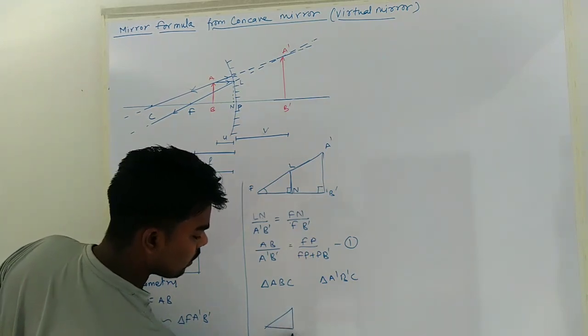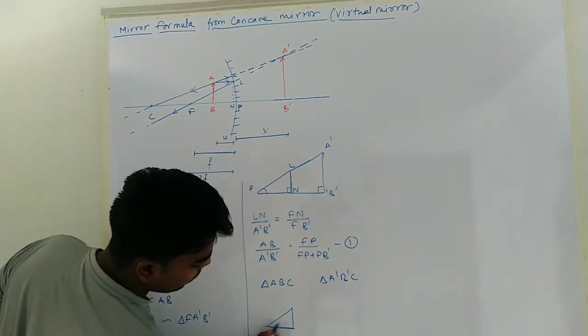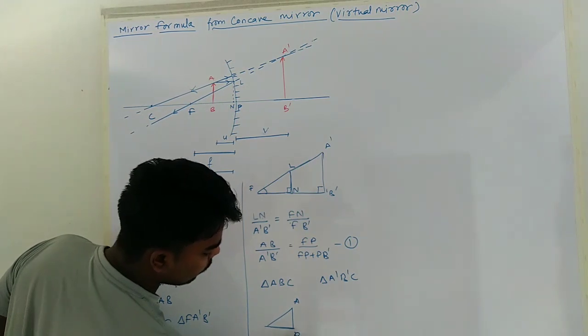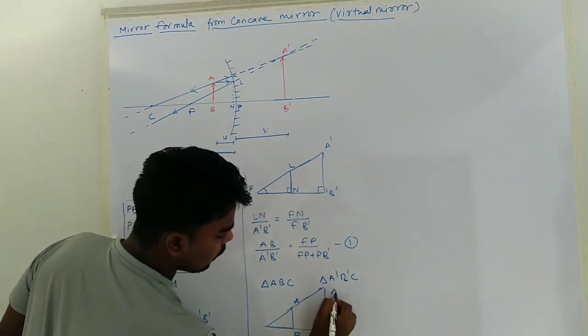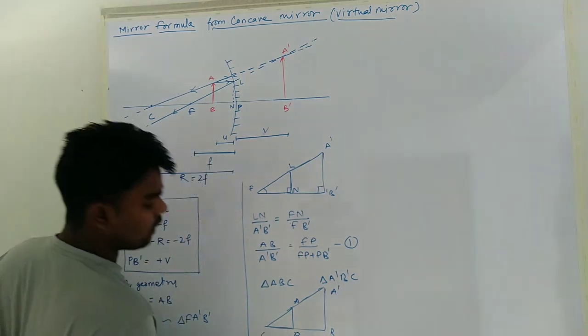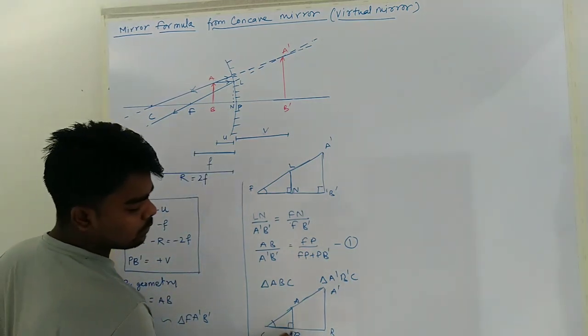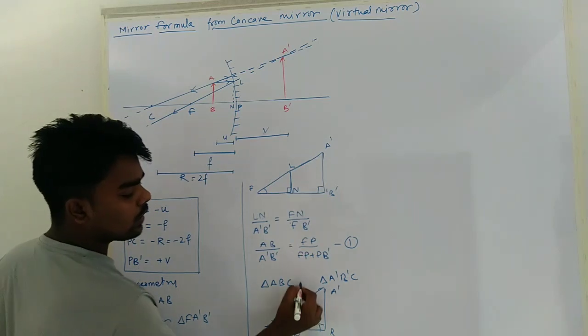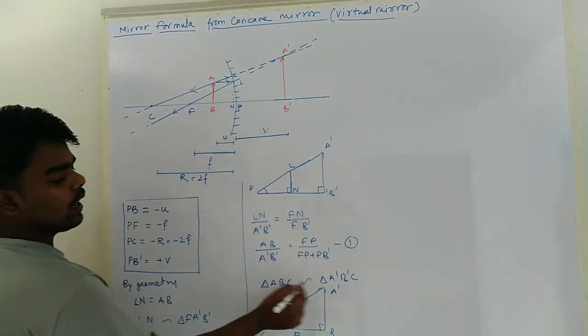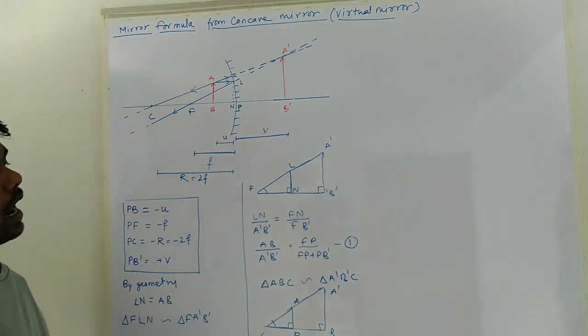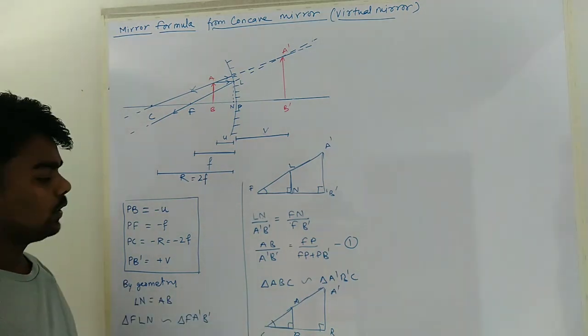Here this is AB, and if you extend that, this is A'B'C. So this angle again is common. Both are 90 degrees. So both the triangles are similar. So you can write triangle ABC and triangle A'B'C are similar to each other.